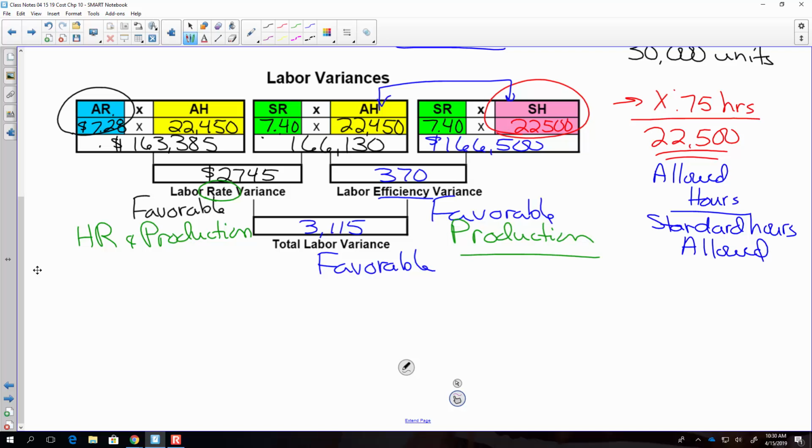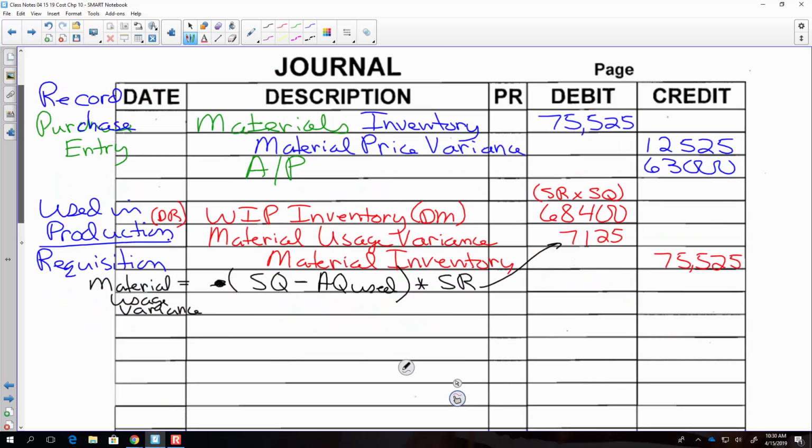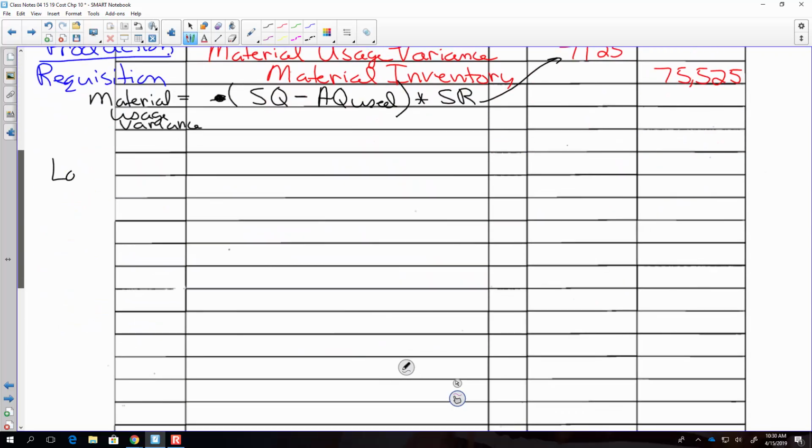Okay, so let's make our entry. So I'm going to debit WIP for 166,500. That'll be my first entry. Again, this is just the direct labor.